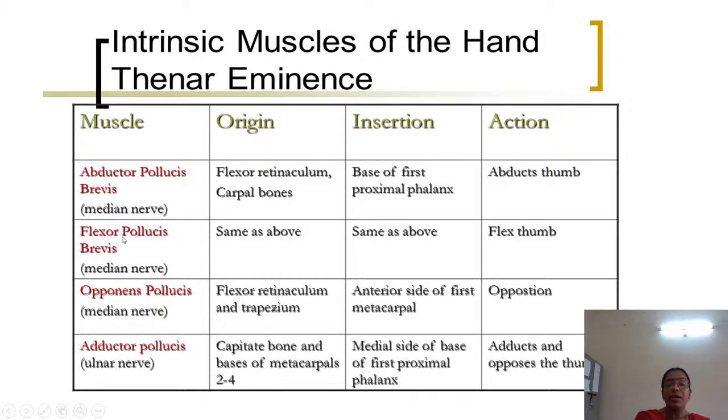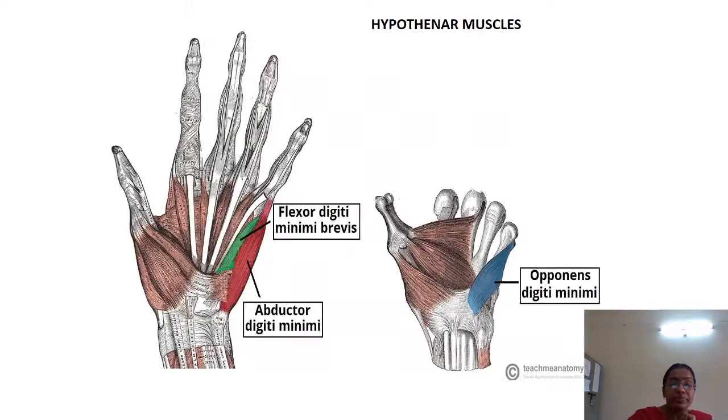But do remember, all the muscles, flexor, opponens and abductor, are supplied by the median nerve, unlike adductor pollicis, which is supplied by the ulnar nerve. So this is how the three thenar muscles form the thenar eminence.